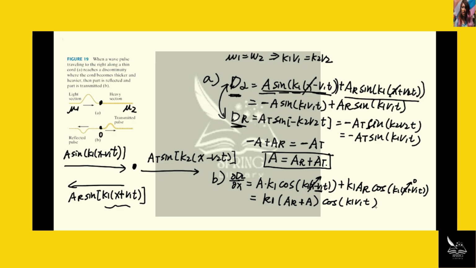And what about the right-hand side? We have the transmission, k2 A_T cosine of negative k2 v2 t, which equals positive k2 v2 t inside the cosine. And these two are equal.